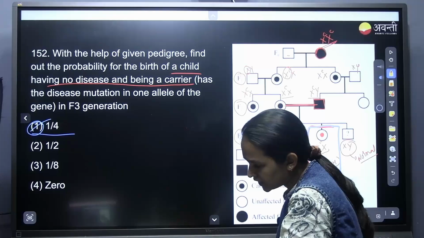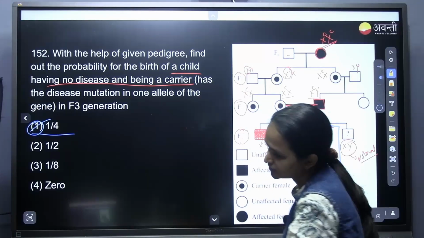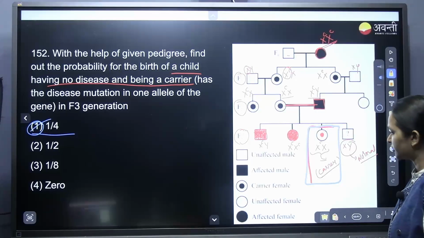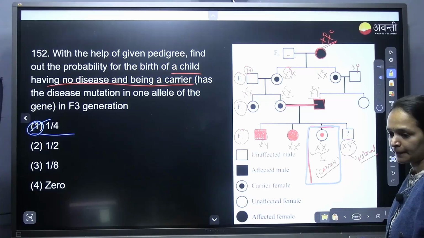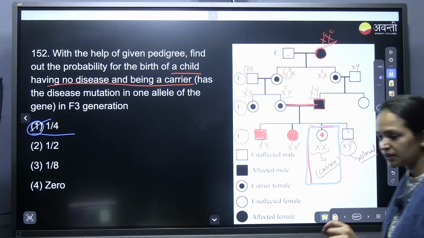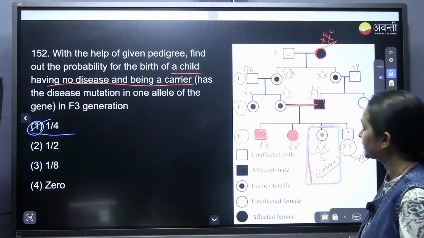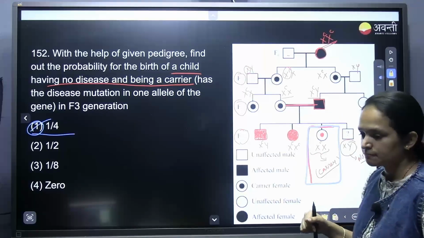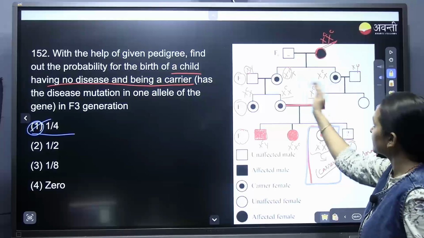If there is any doubt, you can ask me. It was an easy question, okay? Fine. Don't make the mistake, see, carriers are there. Don't think you can find them in all the generations and so it is dominant. If they didn't mention the carriers, we wouldn't know.